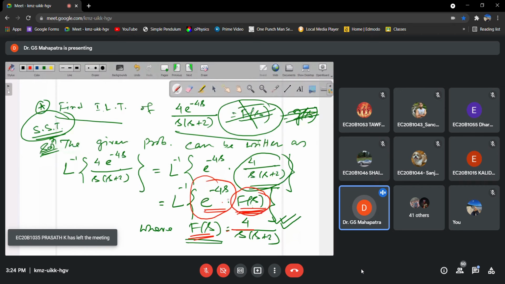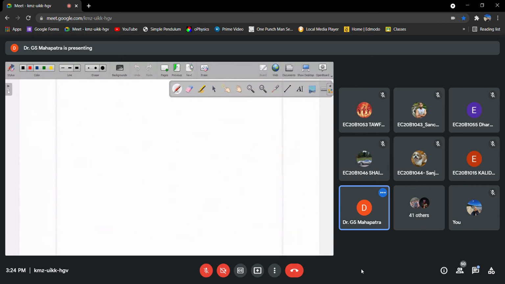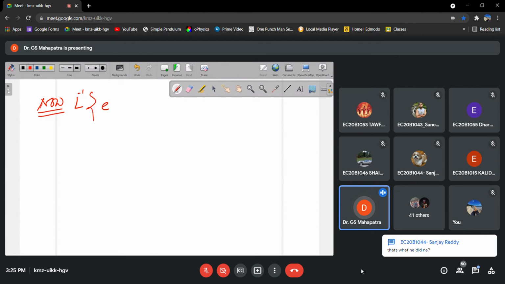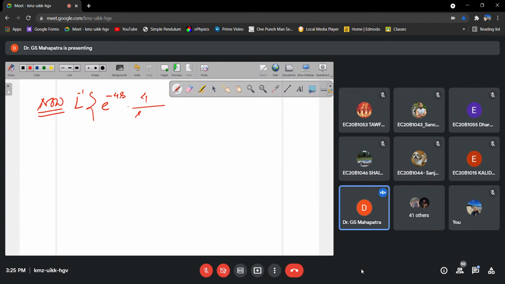Now I will write the next one. Now our final form. What is the final solution? The inverse Laplace transform of e to the power minus 4s into 4 by s into s plus 2.